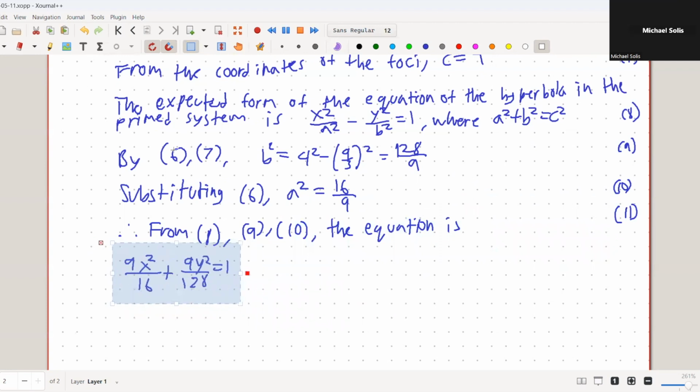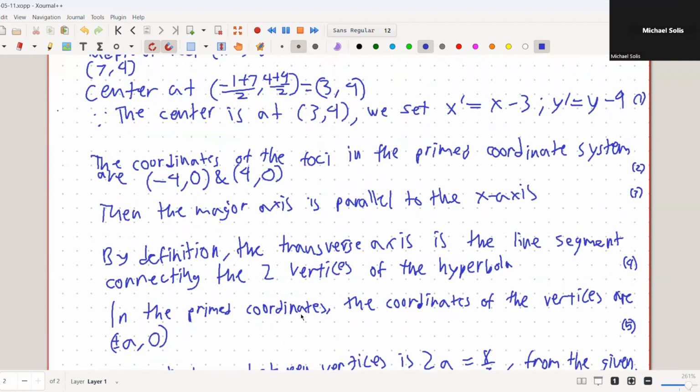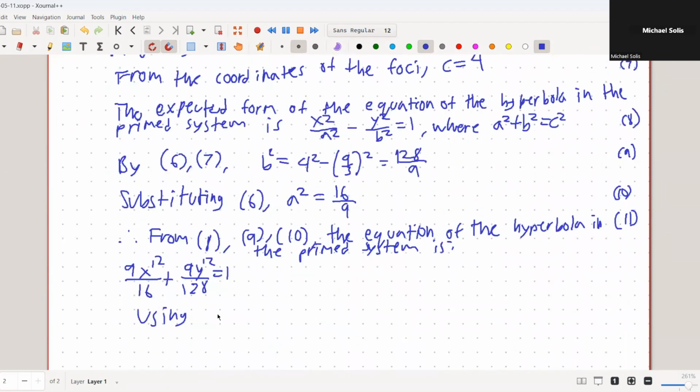That's it. Then, okay, so the equation of the hyperbola in the prime system is, and then label that number 11.